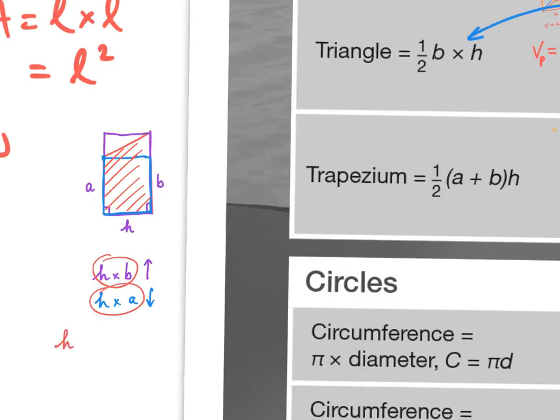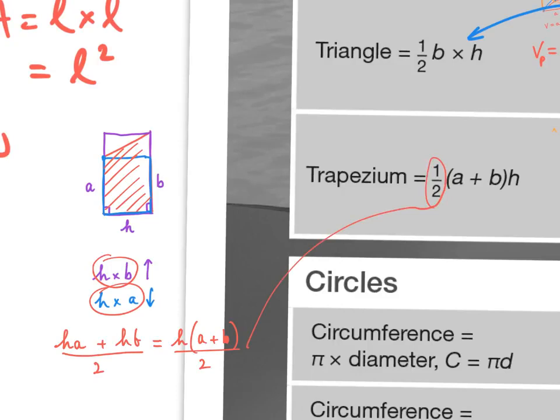So we have HA plus HB, halved. Now, for those that can factorise, if you take the h out as a common factor, you'll be left with a plus b all over 2. So what do we have in the formula given here? Well, we have a half.